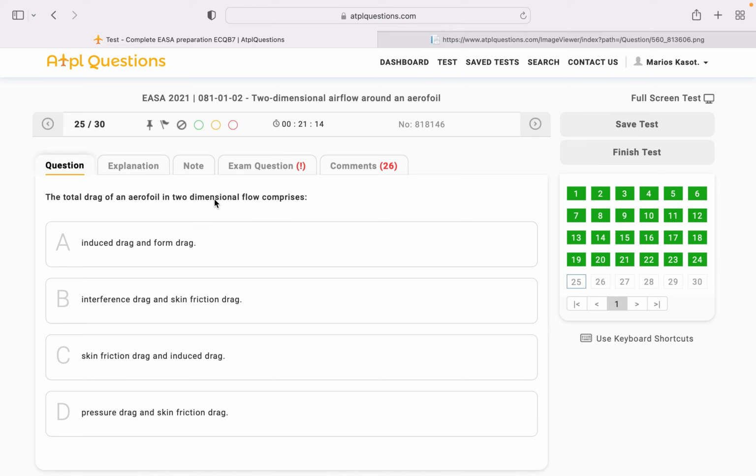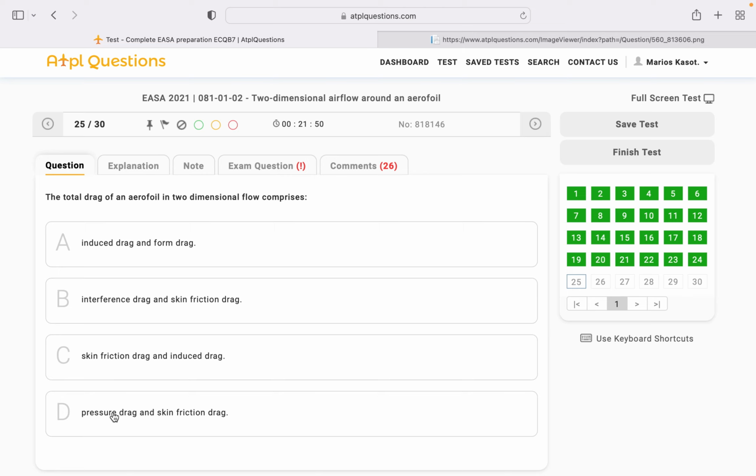The total drag of an airfoil in two-dimensional flow comprises induced drag and form drag. Of course, no, two-dimensional flow. Interference drag and skin friction drag, and induced drag, pressure drag and skin friction drag. It's pressure drag and skin friction drag, but come on, nobody calls it pressure drag.